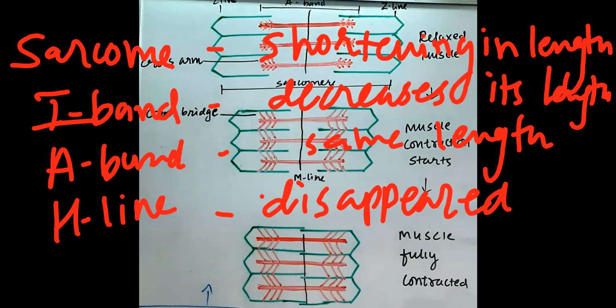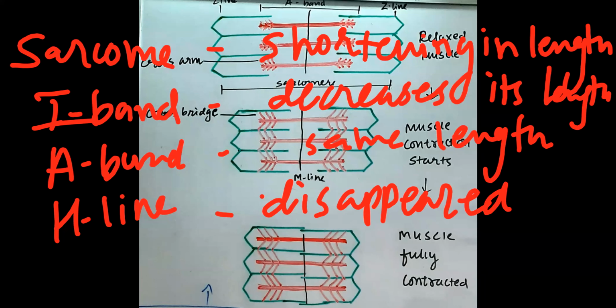It disappears gradually when the muscle starts contracting, and in the fully contracted muscle it fully disappears. That is the status of the H line. Okay, so the H line disappears.